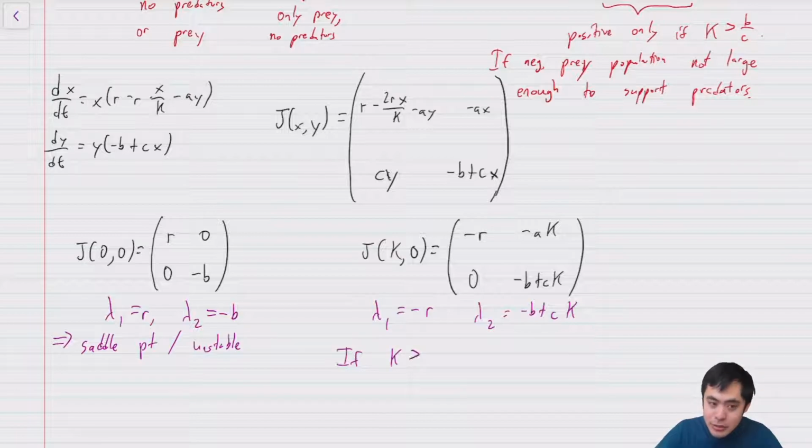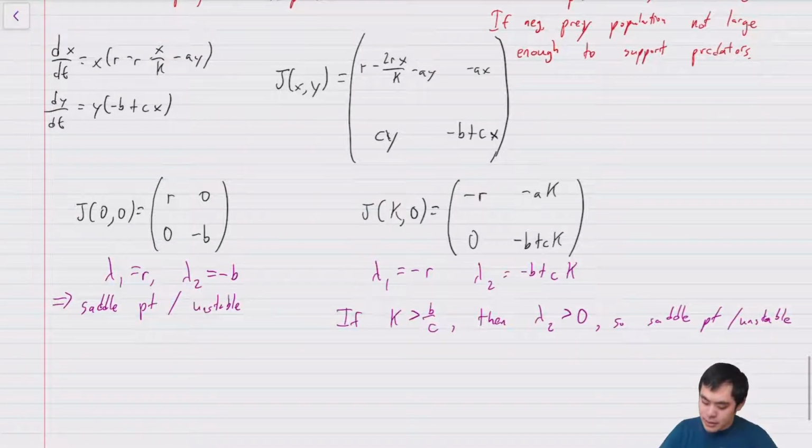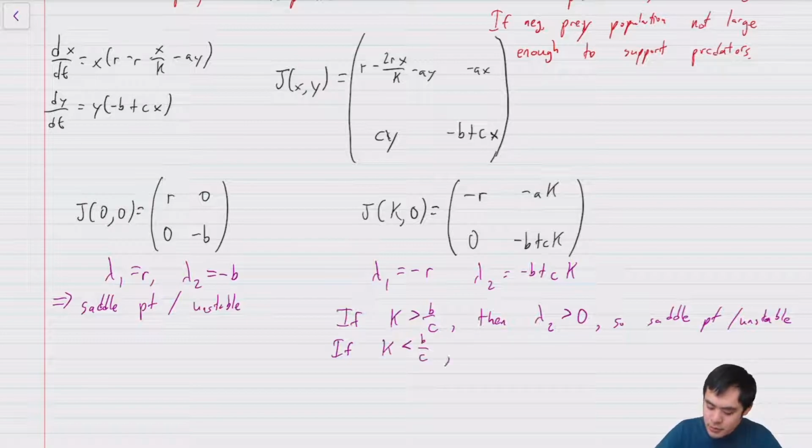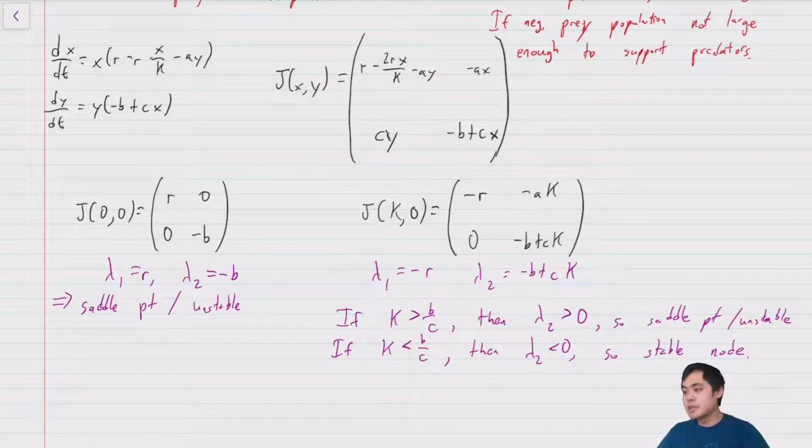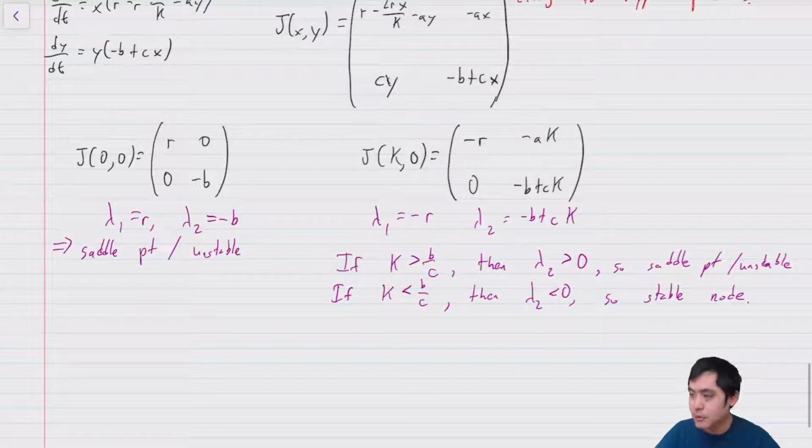If k is greater than b over c, then lambda 2 is greater than 0, so this is a saddle point, and it's unstable. If k is less than b over c, then lambda 2 is less than 0, so this is a stable node. It's a node because the eigenvalues are non-imaginary.